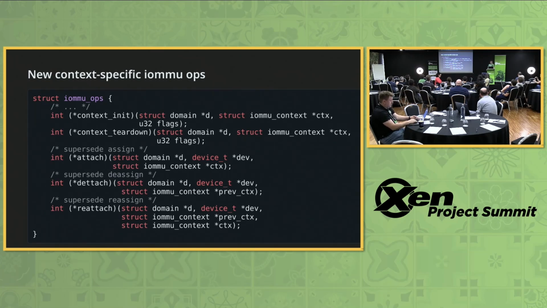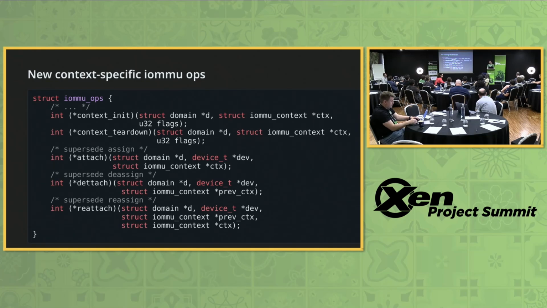So, for instance, we have the context init and teardown operation to create and destroy a context, and some operations that are replaced with more general ones, like attach, detach, and reattach, that replaces assign, deassign, reassign, but using context instead of no parameter or another domain.